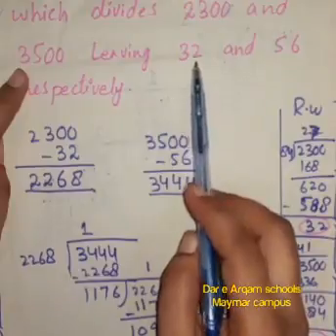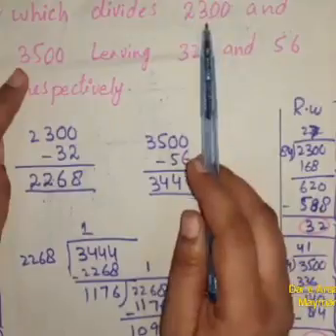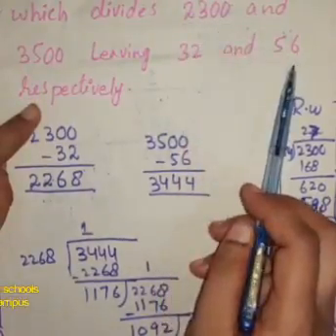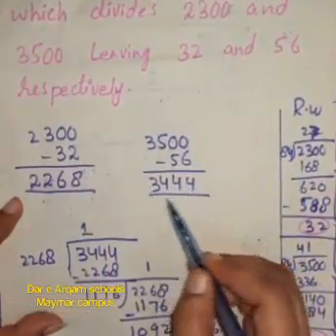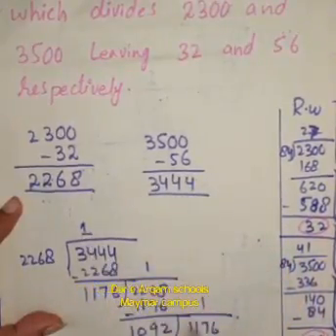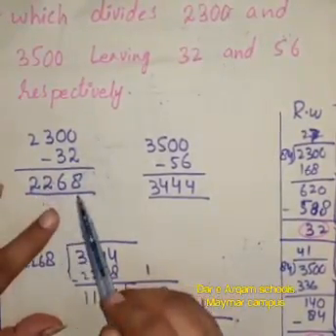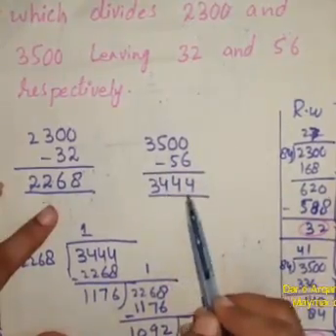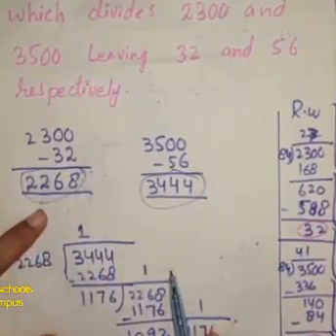So to change these numbers, we will subtract 32 from 2300 and 56 from 3500. When we subtract 32, we get 2268. When we subtract 56 from 3500, we get 3444.